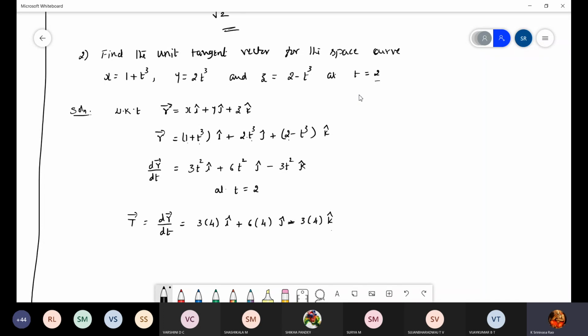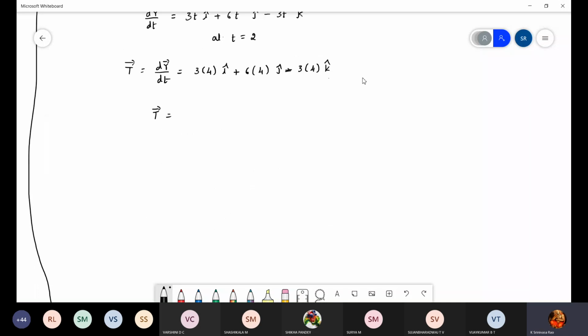So finally vector T equals 4 3s are 12 i cap plus 6 4s are 24 j cap minus again 4 3s are 12 k cap.